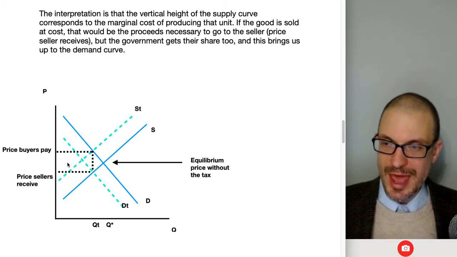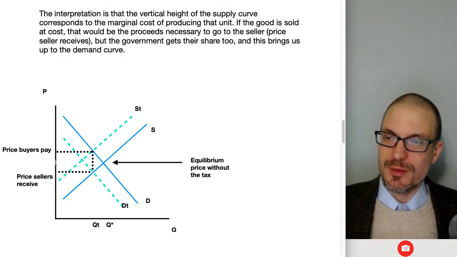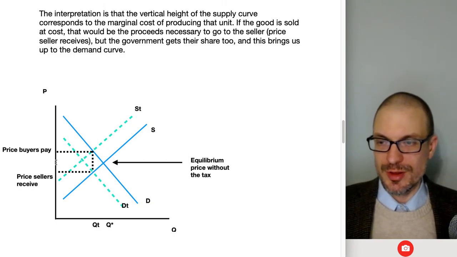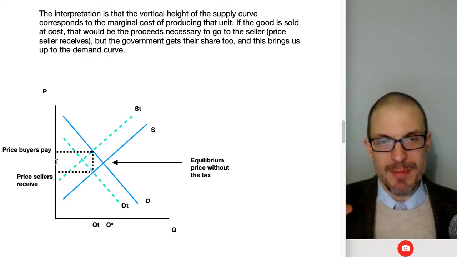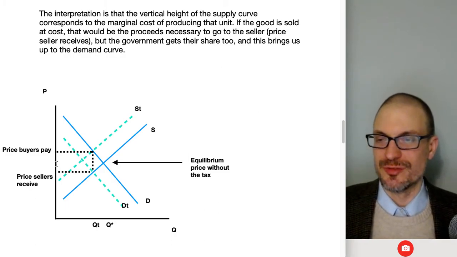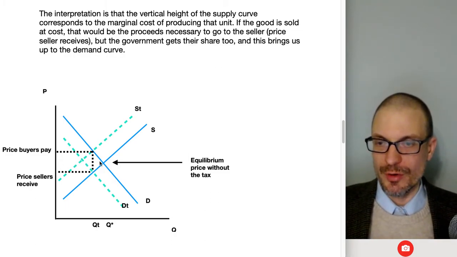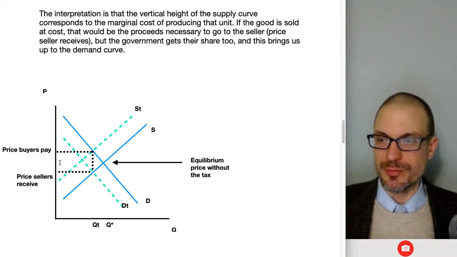We could compare the equilibrium price to the price buyers pay and the price sellers receive. If the price buyers pay is higher than the equilibrium price by an amount greater than the amount the price sellers receive is lower, then we say the tax incidence falls on buyers, or the greater proportion of the tax is borne by buyers.